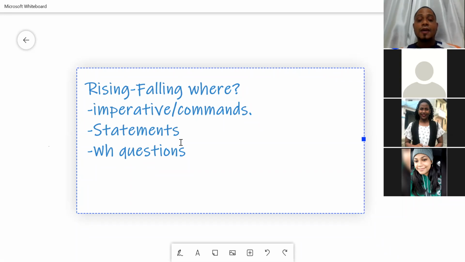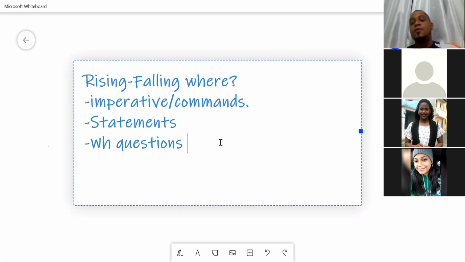Questions like which, where, who, when, why, right? How also, because how has WH, although it's not one after the other, it has H at the beginning and W at the end. W is not at the beginning, but it is a WH anyway.